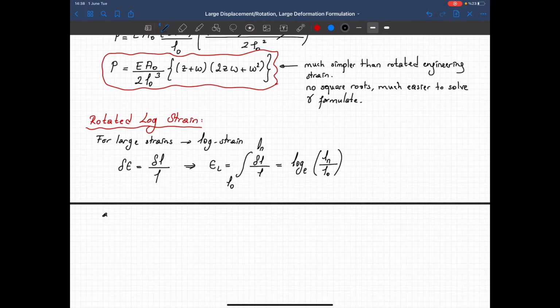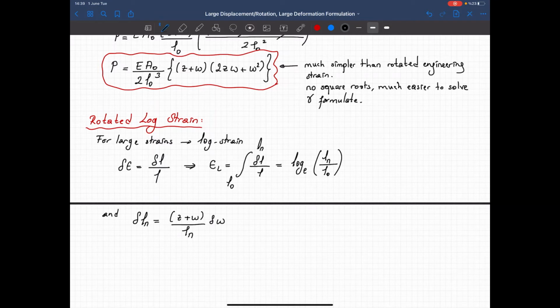And we will say that the variation in the final length is equal to (Z plus W) divided by the final length multiplied by the variation in the displacement.